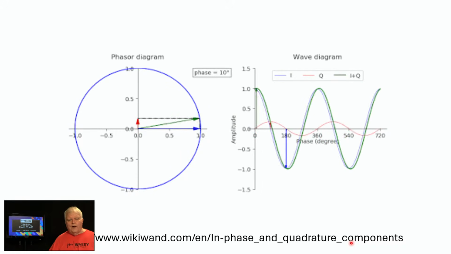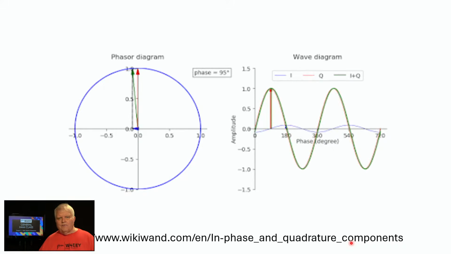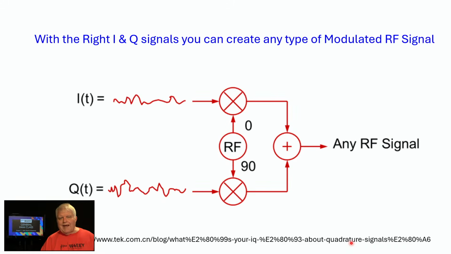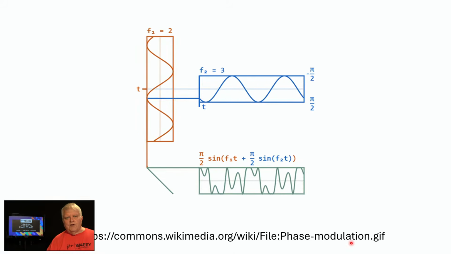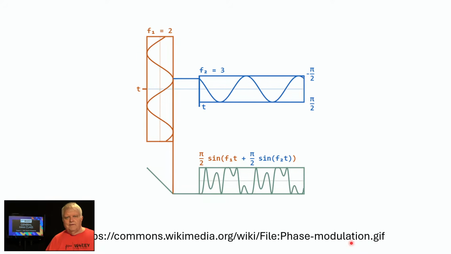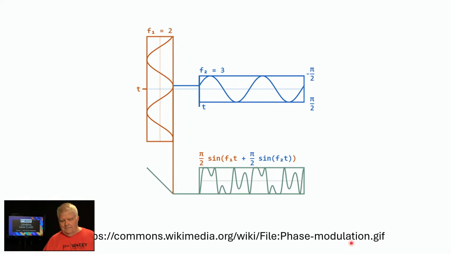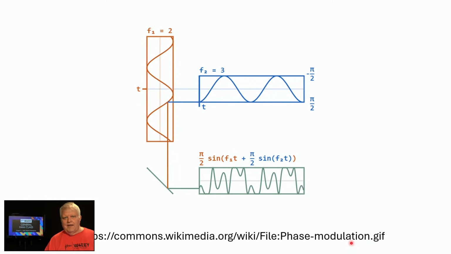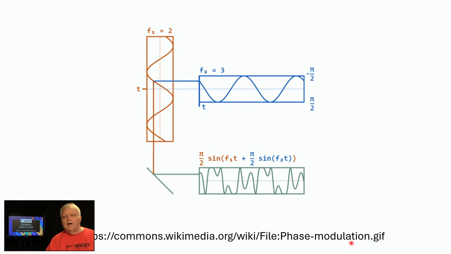The whole point is, these are sine wave signals, they're not complex, but you could actually inject complex signals, I and Q, and with the right I and Q signals, you can generate any RF signal. So any RF signal can be generated with the right I and Q signal. You've got simple signals coming in, and you've got complex coming out.